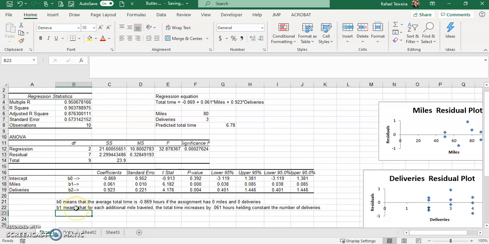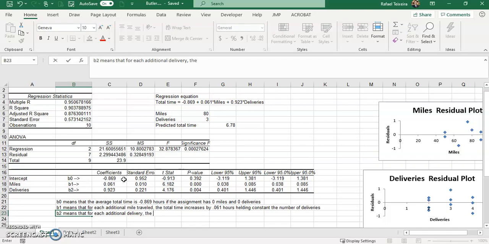Okay, so let's interpret B2. B2 means that for each additional unit of which variable? For each additional unit of deliveries, for each additional delivery, what increases? The dependent variable. The dependent variable is the total time. The total time increases or decreases? Increases because this coefficient is positive.